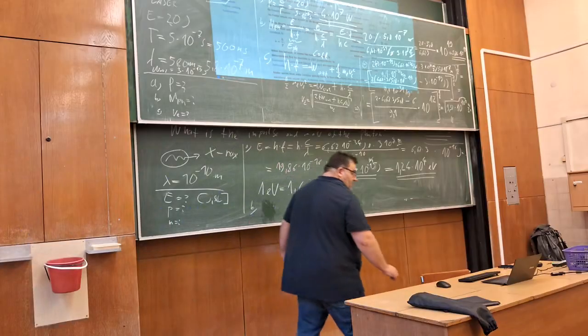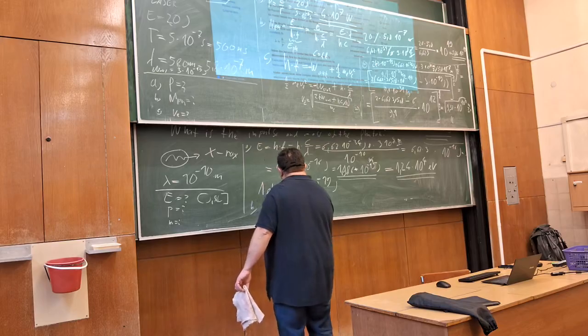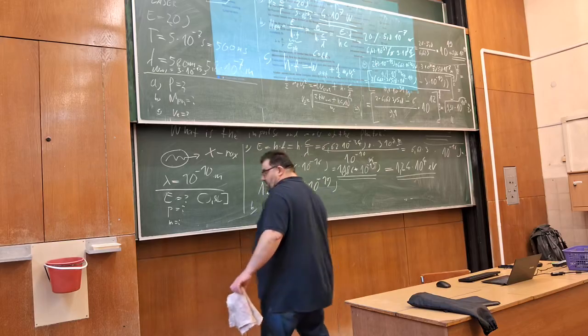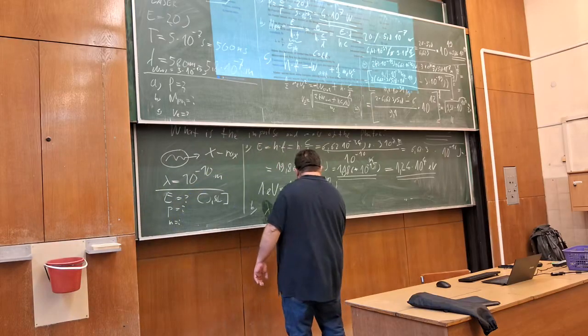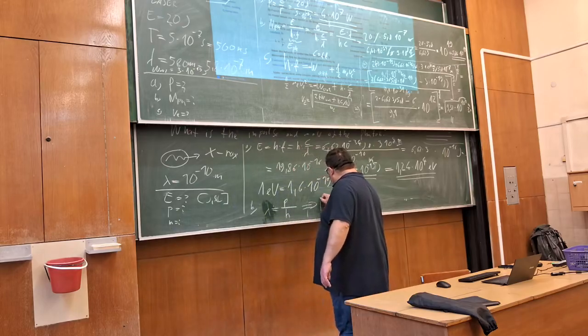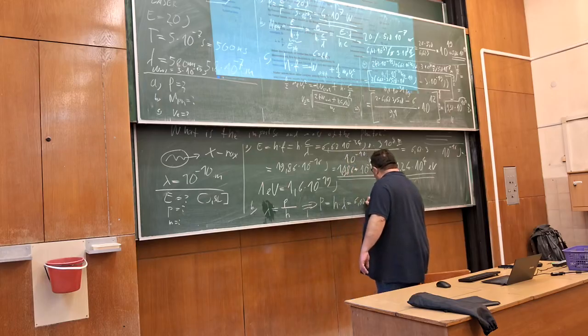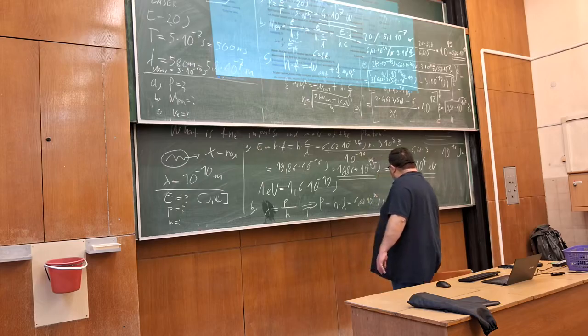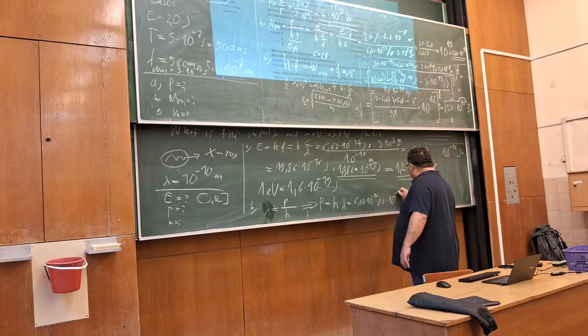So the wavelength of a particle with p, I mean p impulse, is this one. So this is the de Broglie. So the impulse is h times wavelength, and that was, oh, it's easy to calculate.